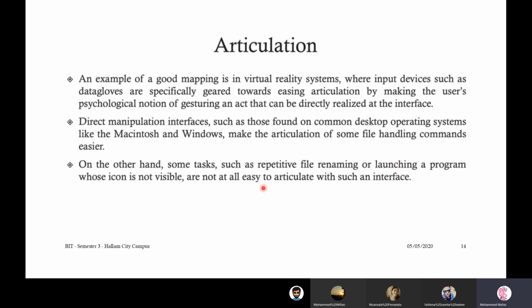So there are certain things that you cannot do without involving more than one task or more than one cycle. In those cases, it is a clear indication that articulation is not matched. So articulation, simply to understand, is matching the psychological attributes from a user's goal towards easily doable actions. So this is called articulation.